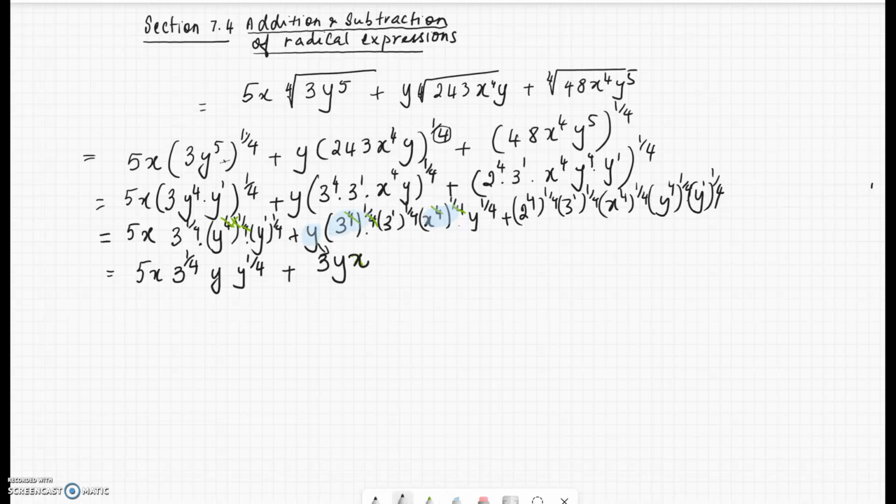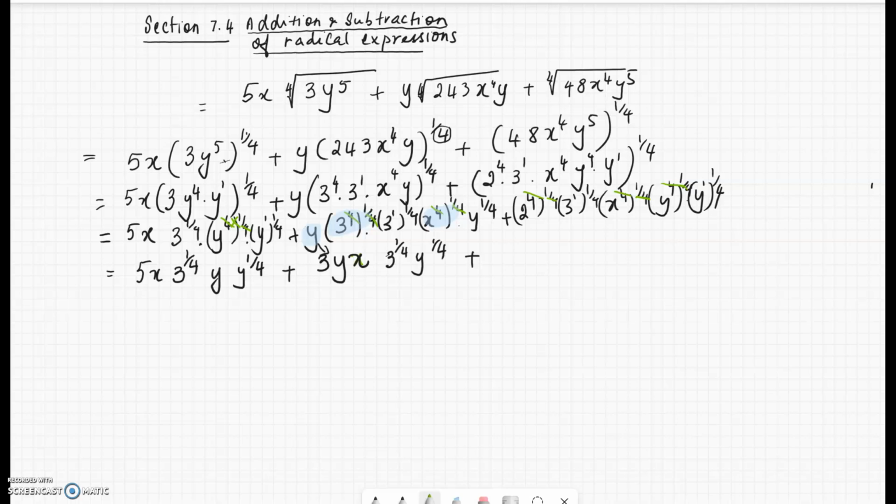And the next thing is putting all the terms with the 1/4 exponent together. So this is going to be equal to y to the 1/4 plus, same thing again, cancel the 4's. And now we're going to write down all the terms without the fractional exponent.